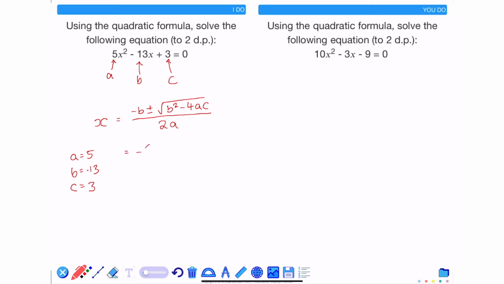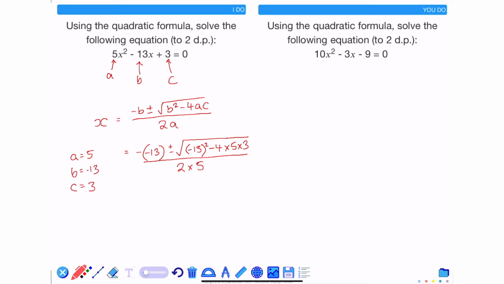So negative 13 plus or minus the square root of negative 13 squared minus 4 times 5 times 3 all over 2 times 5.